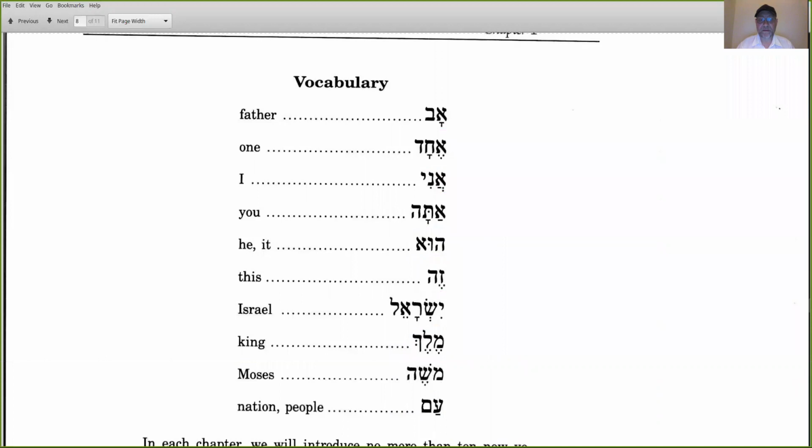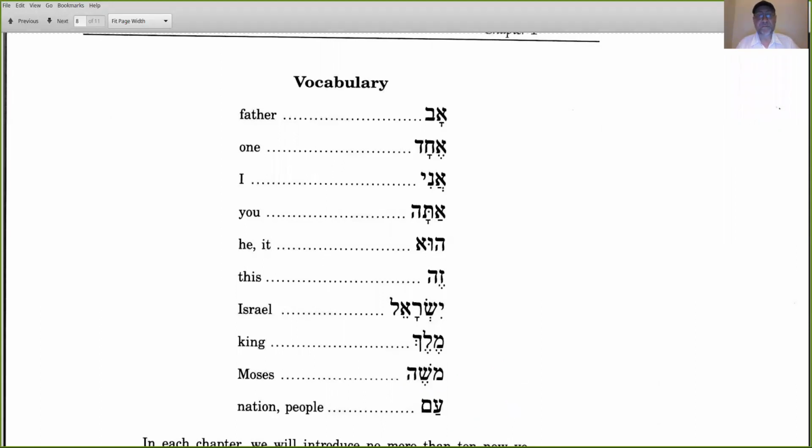We have Moshe, a proper noun, proper name. And the last word means nation or people, depending on what's being talked about in the sentence.